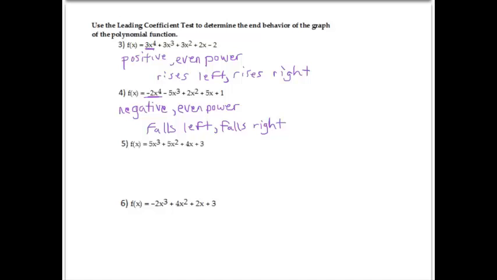Number 5, we look at 5x cubed and we say that's a positive number. It's an odd power. So if it's positive and it's an odd power, that means that it falls to the left, rises to the right.